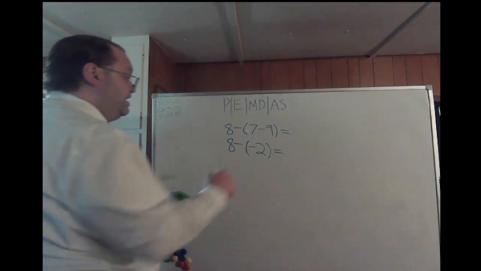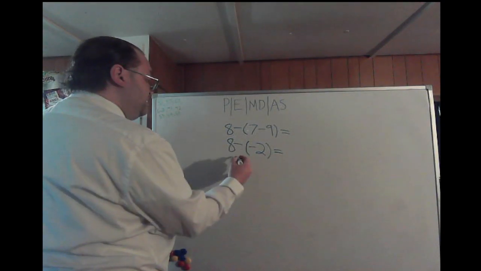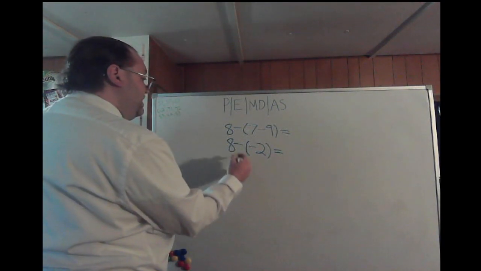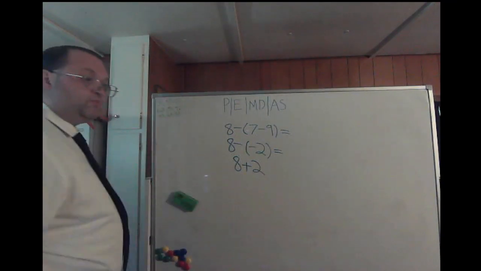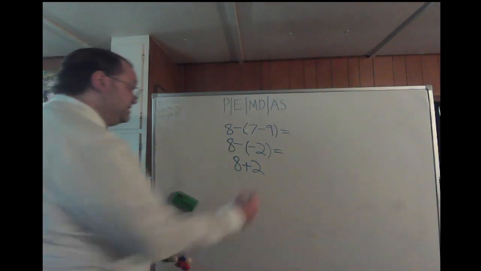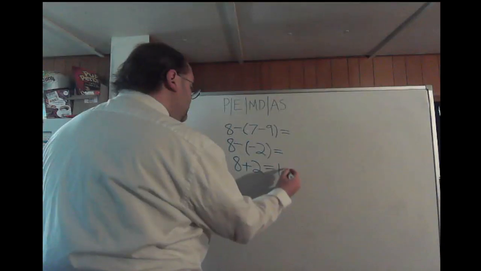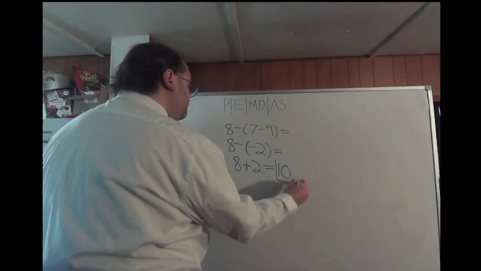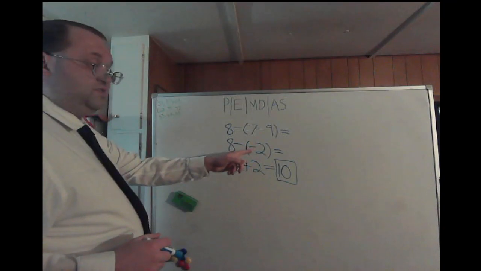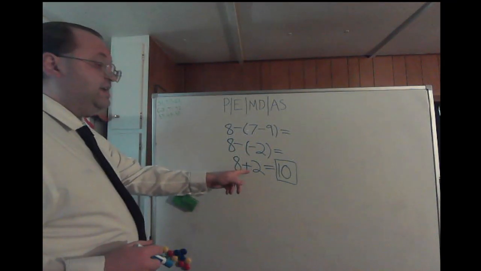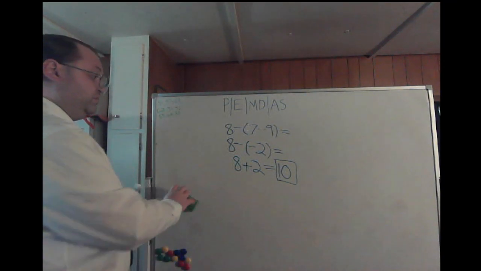Remembering from the other day, anytime you minus a minus, it becomes plus. So 8 minus negative 2 is the same as 8 plus 2. 8 plus 2 is 10. So the answer we're looking for here is positive 10. Remember, always do your parentheses first, and anytime you have a negative of a negative, that becomes positive.